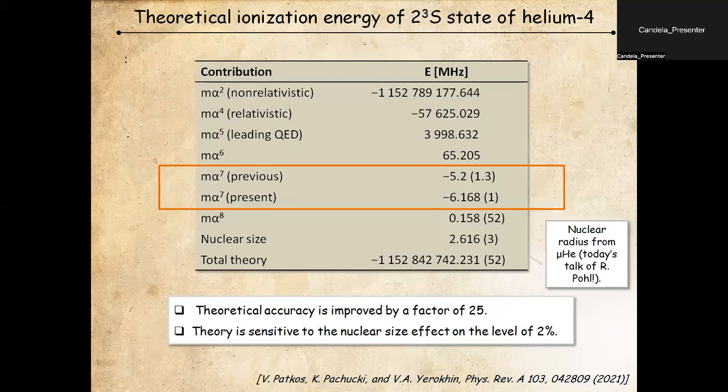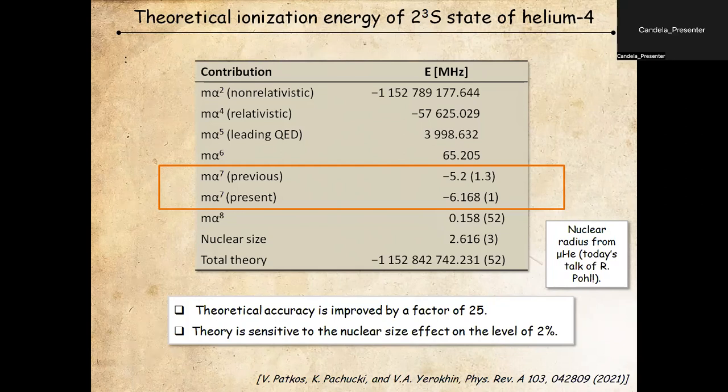Do you plan to extend this method to hydrogen? No, the theory of hydrogen is much more advanced than for helium. Everything which we do for helium is already known for hydrogen. Maybe the question was about the H2 molecule, not the hydrogen atom. You have to be a bit more precise when you ask questions.